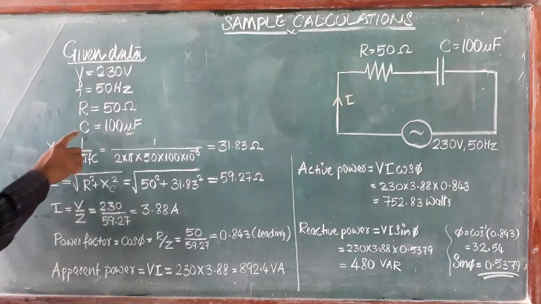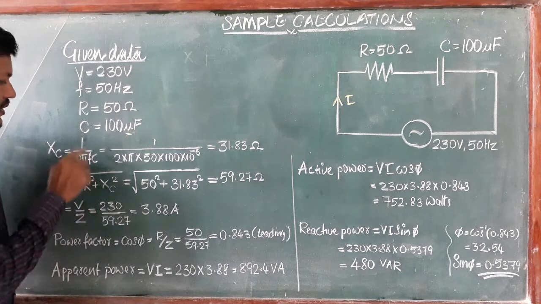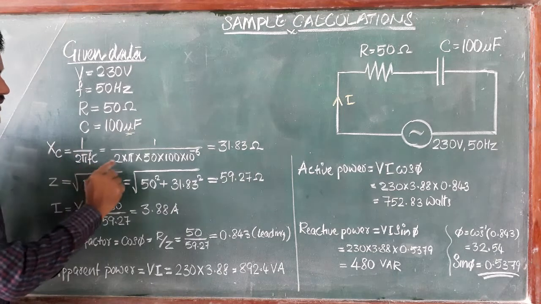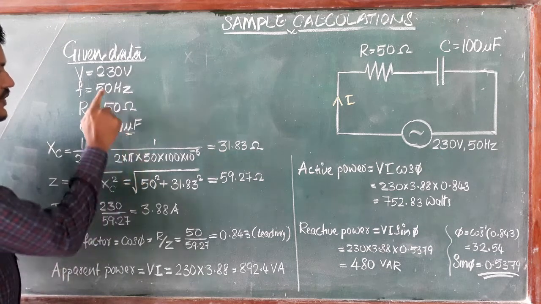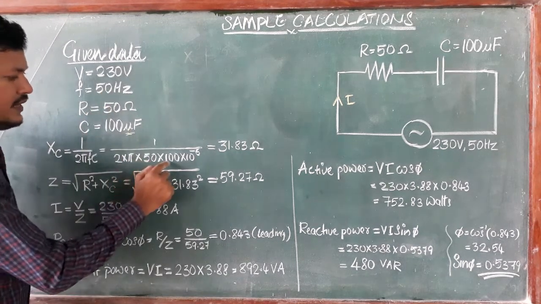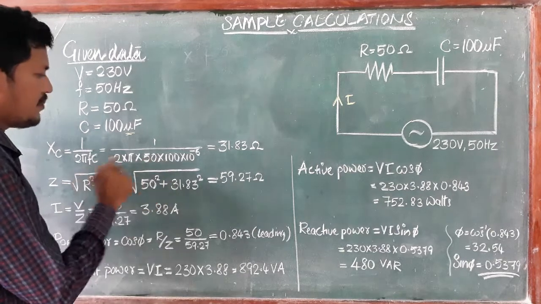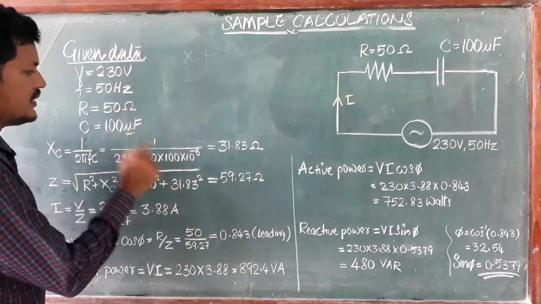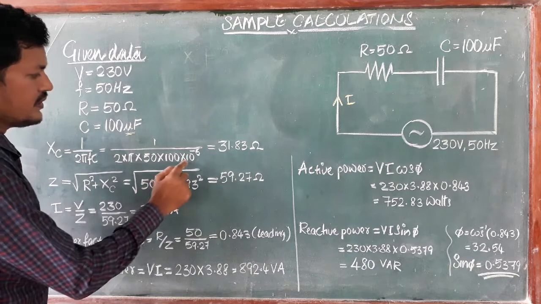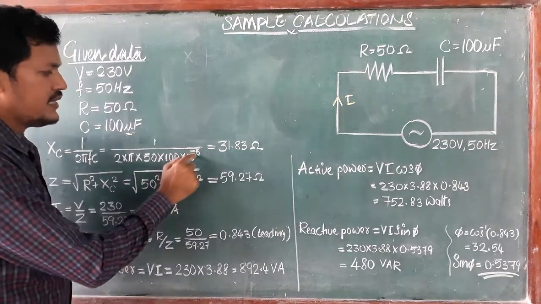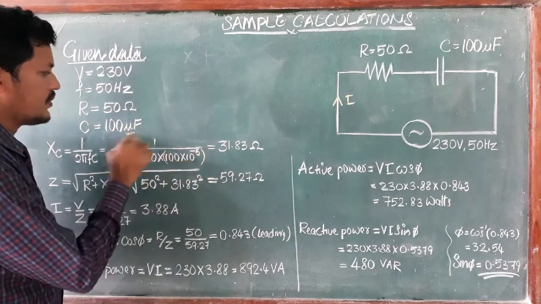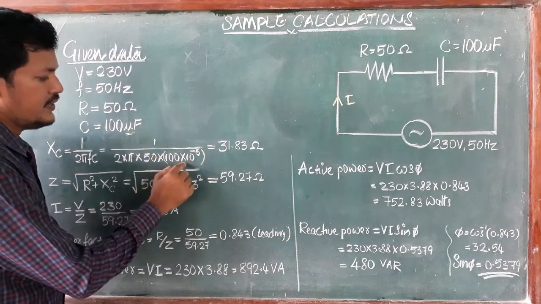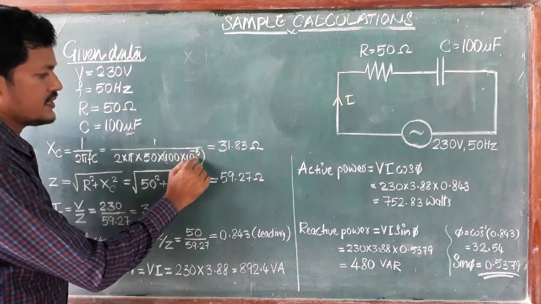Clear? So we start with Xc, the capacitive reactance. The equation is 1 by 2 pi F C. Here it is 1 by 2 into pi into F, where F is 50 hertz, into C, the capacitor value, 100 micro. The micro is converted to 10 to the power minus 6, so don't forget the 10 to the power minus 6. This is the micro conversion: 100 into 10 to the power minus 6.